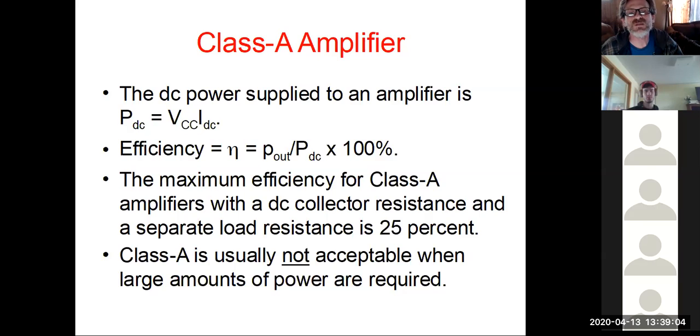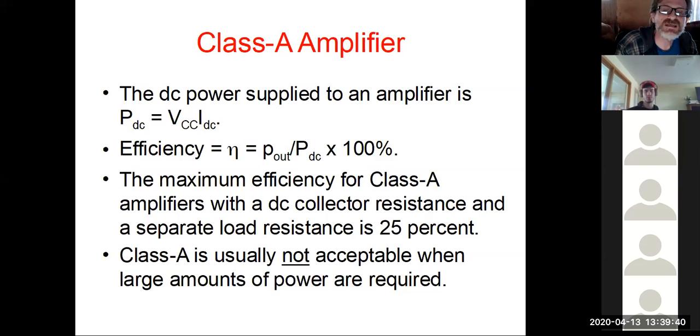This is the lowercase eta. So efficiency, eta, is equal to P out divided by the power of the DC, multiplied by 100. This will give you a rating so you can see what your efficiency is. And given that we have a ratio here, there's no way we're ever going to have 100% efficiency. Never expect it, because it's not going to happen.